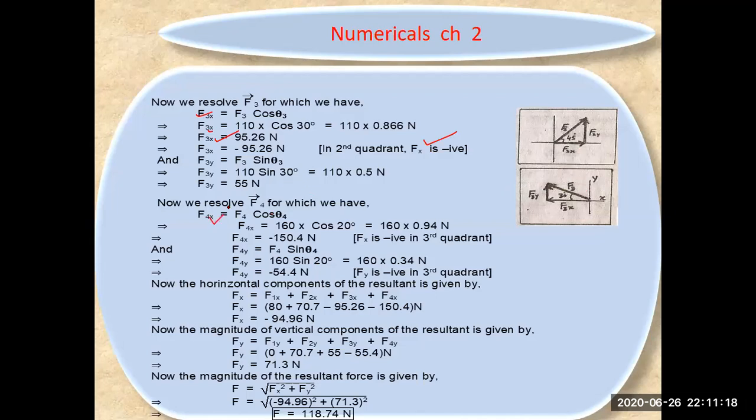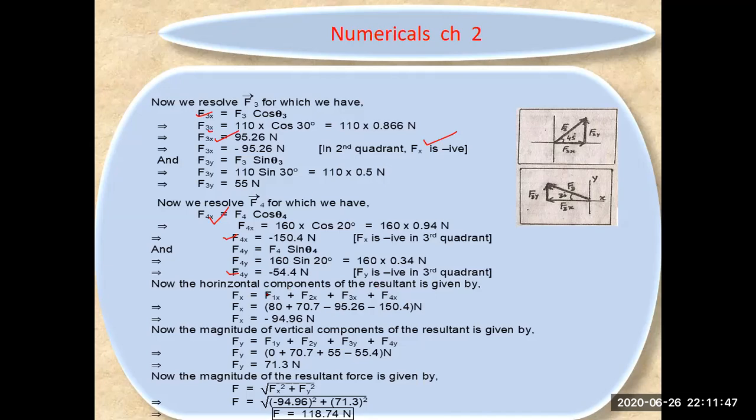So here is the fourth. If you look at 160, this is the fourth, and this is the cos theta between the two, and we have calculated F4x. Similarly, we calculate F4y. We are taking the negative sign, because in the third quadrant, how you have decided the value of the angle where it lies, you have decided the sign of the component of the force.